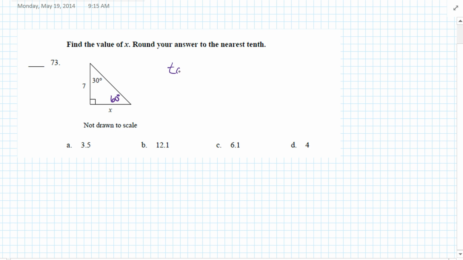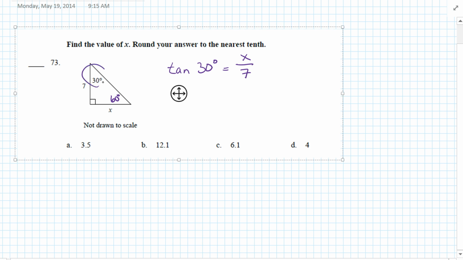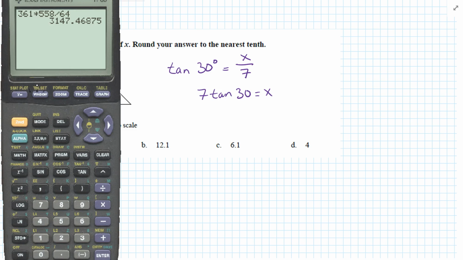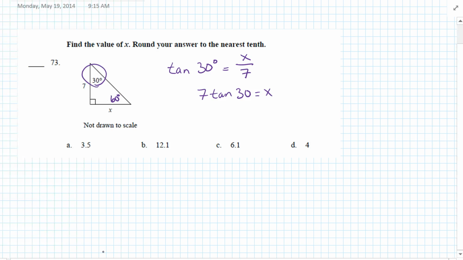So we can say the tangent of 30 degrees is equal to opposite over adjacent. I use tangent of 30. So 7 tangent of 30 is equal to x. So we can put that in our calculator. So we can do 7 tangent of 30. We're going to get 4.04. So our answer is D.